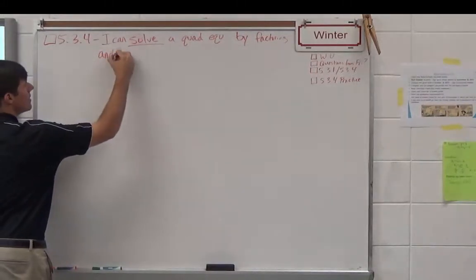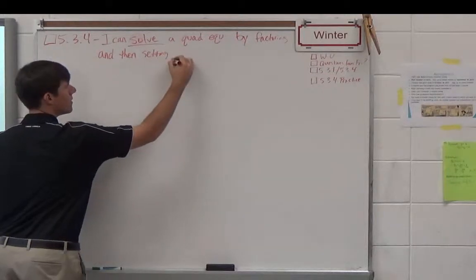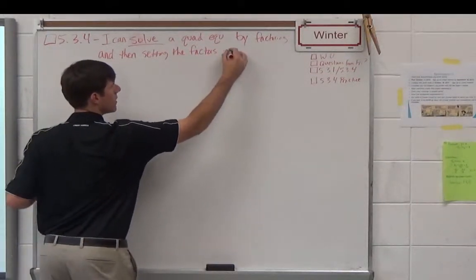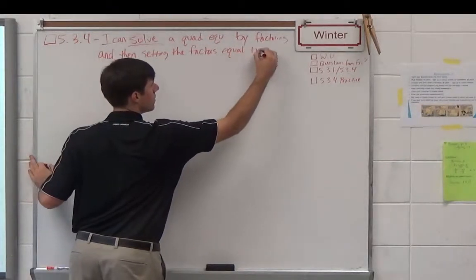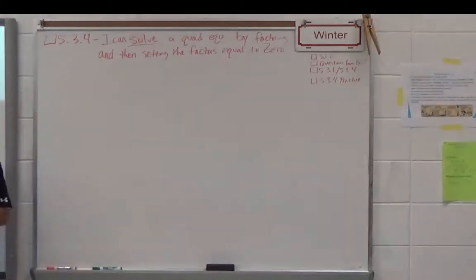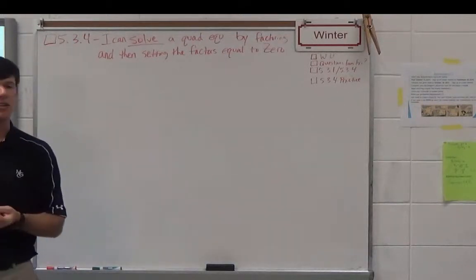And then setting the factors equal to 0. So a lot of stuff going on here. It says I can solve a quadratic equation by factoring and then setting the factors equal to 0.